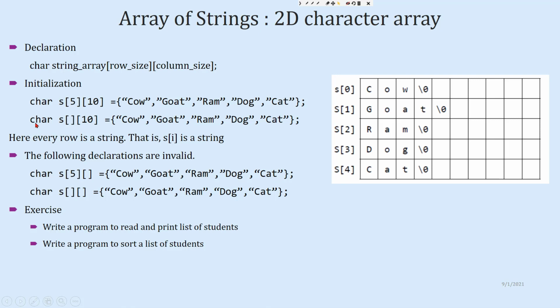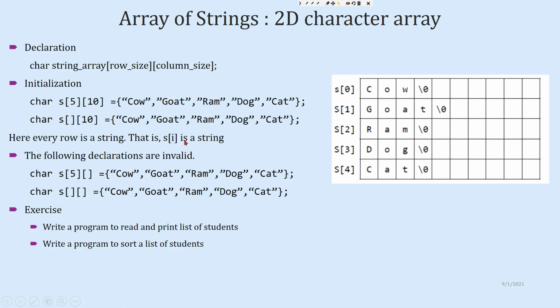The second one is another way of initializing a two-dimensional character array. Here I didn't specify any size of rows. If the size of rows is not specified, it will be taken automatically based on the number of strings. Here every row is a string.